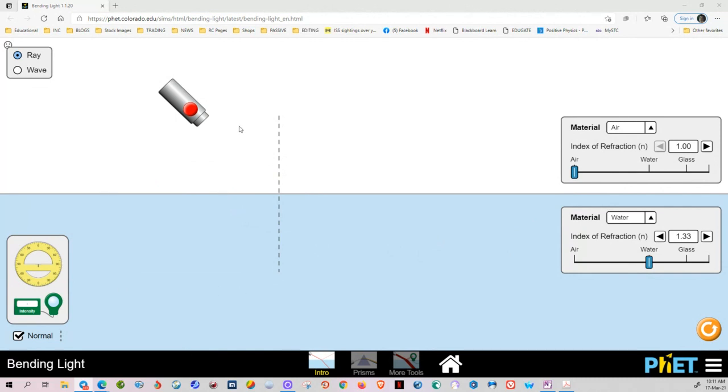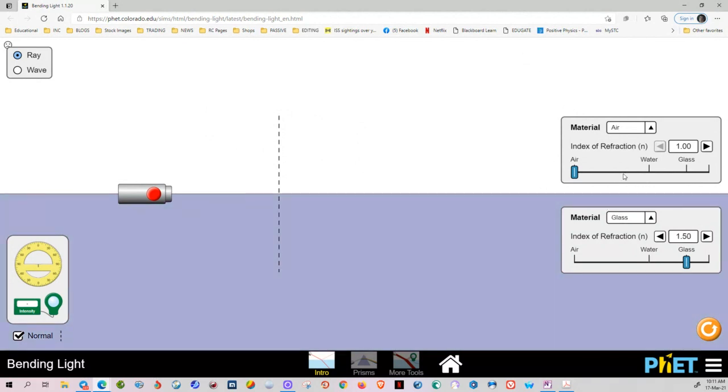Here you have a laser light or a source of light, which you can switch on and off. You can change the angle from 0 degrees to 90 degrees. And this is the normal line. Now the medium at the top is air and at the bottom is water. We can change it to glass instead. When you change the angle with the light on, let's start from 0.